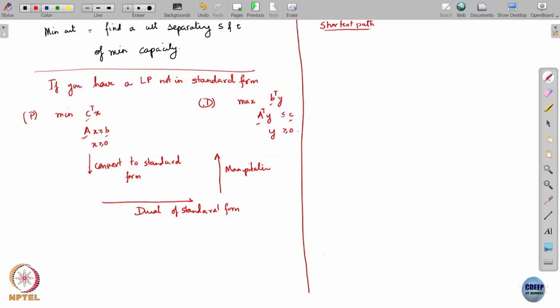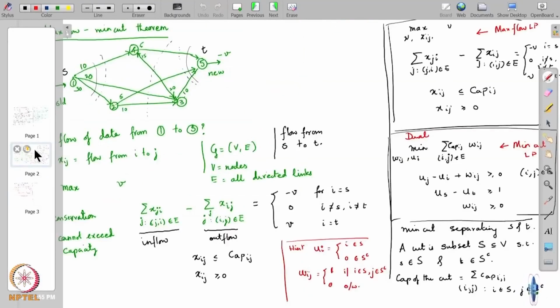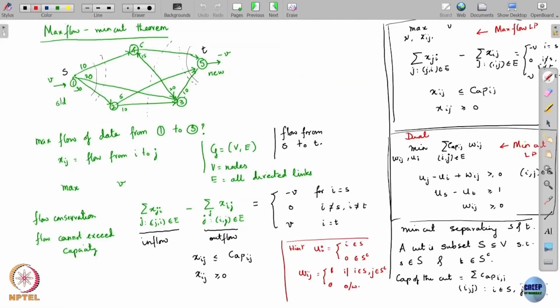The problem that I wrote here in the network problem was that you had an old phone and a new phone, you want to transfer data from the old phone to the new phone, but the links over which the data could flow had limitations of capacity. So you could not push data beyond a certain MB per second along these links.